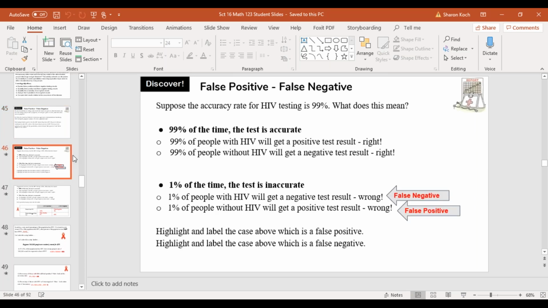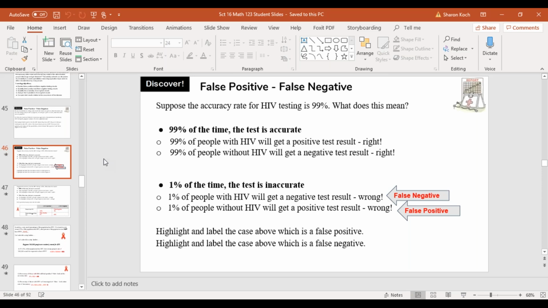Let's set up and take a look at the accuracy of the test itself. Now we're going to suppose that the accuracy rate for the testing is 99% accurate. So what does that mean? That means 99% of the people who have the disease are going to test positive.